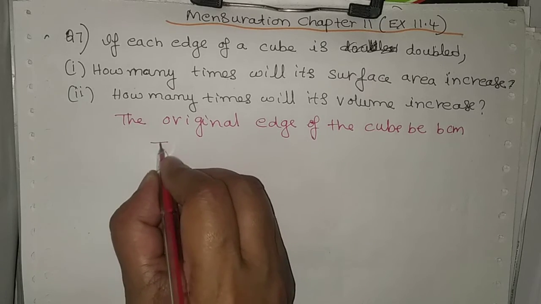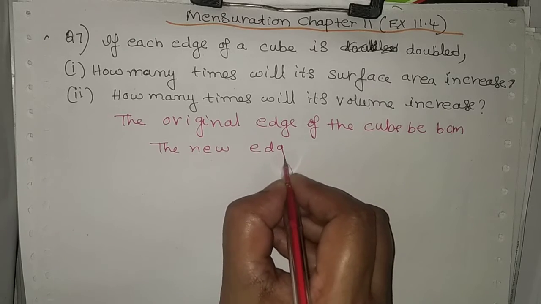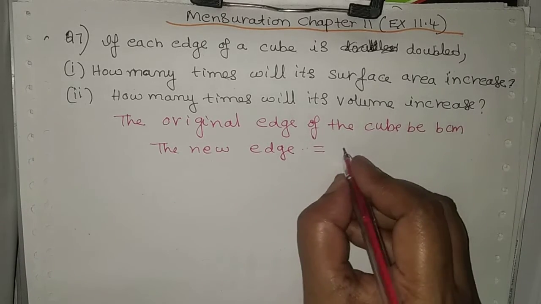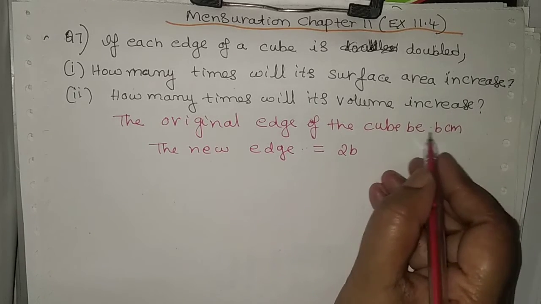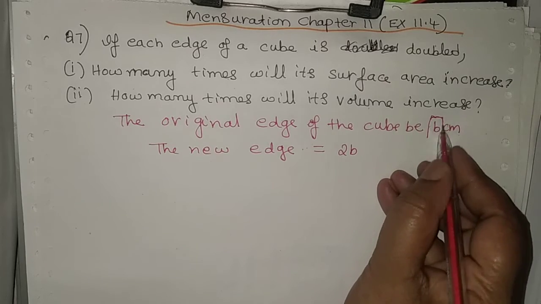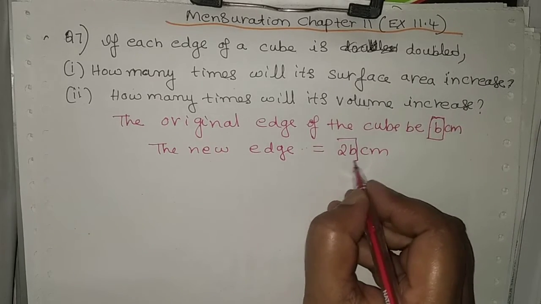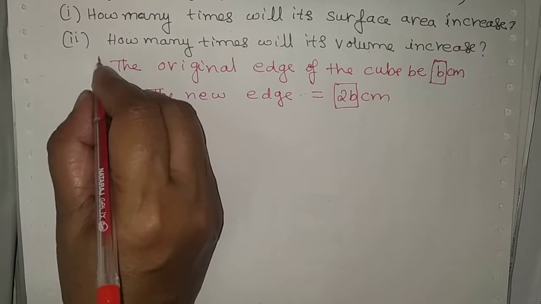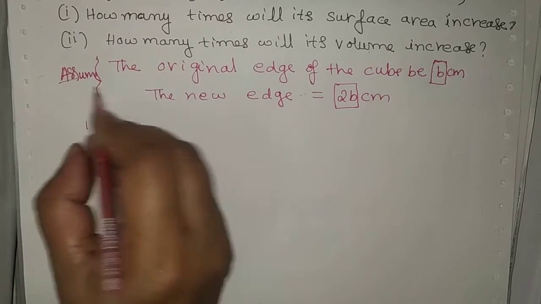The new edge will be 2B. When it is doubled, it will be 2 into B, that is 2B. So this is just an assumption.